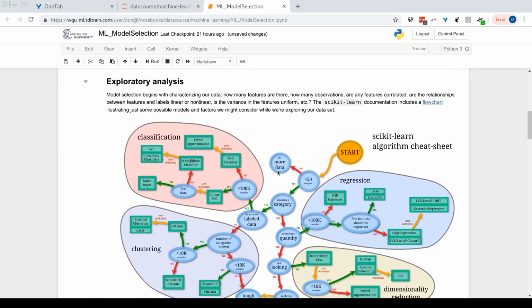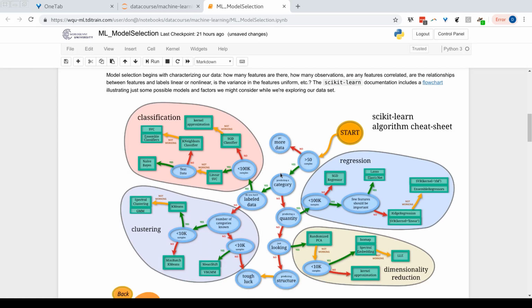Now it can be a bit daunting to choose an initial model to work with for your problem. Scikit-learn has a nice cheat sheet, or flow chart, that you can use to decide what's a good model to start off with. The models they suggest here aren't written in stone. In other words, you shouldn't view this as the correct answer or the only answer.